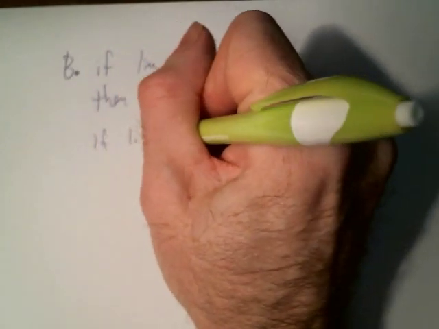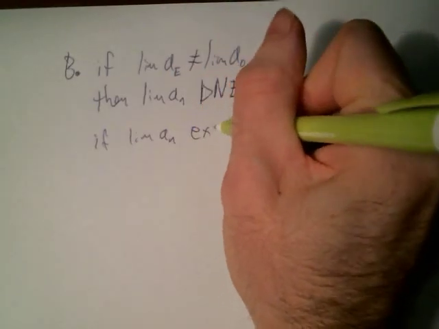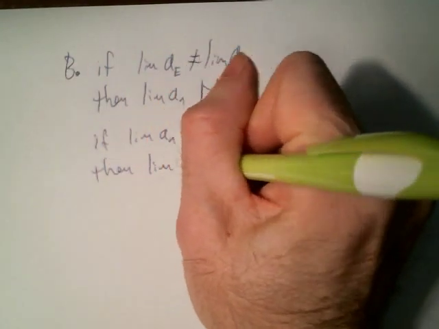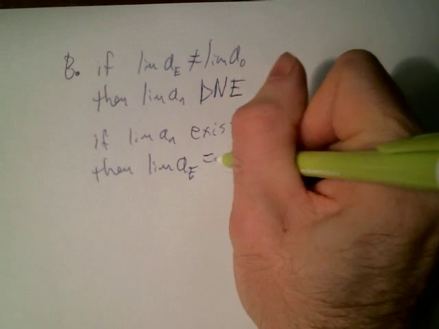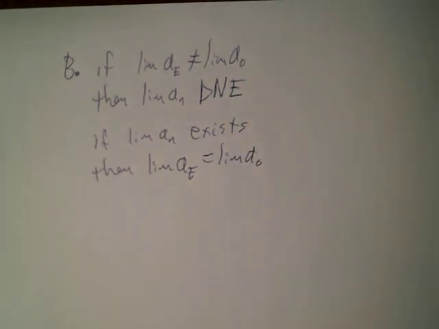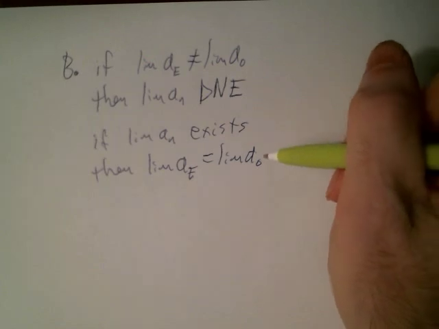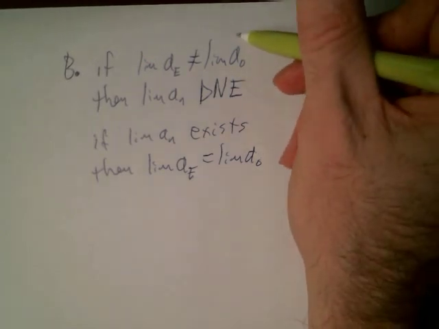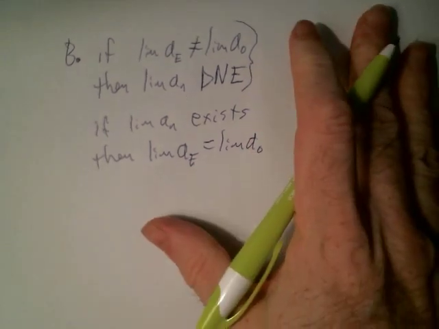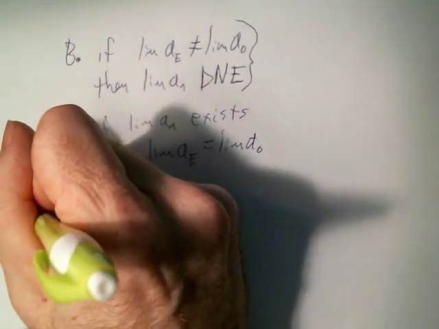If the limit of a sub n exists, then you can conclude that the limit of the even terms must equal the limit of the odd terms. Okay. So sometimes that's a valuable piece of information, but this one will sort of get us through the problems that we're encountering in the book right now.